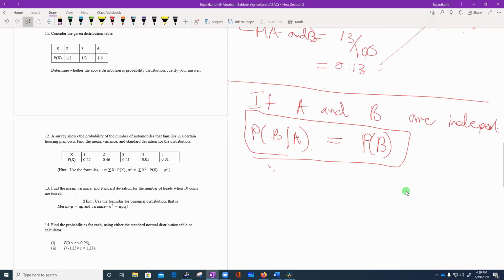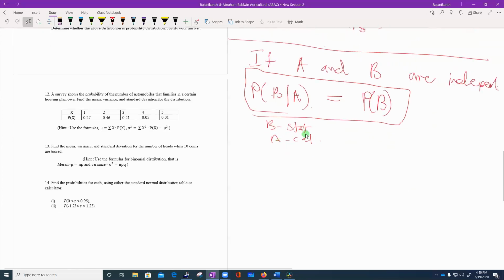Suppose your B is stats and A is calculus. You could choose either one as B. If you want, you could choose B as calculus. Doesn't matter, you could switch. But now B is choosing statistics, A is choosing calculus. So find this probability by plugging these two events here.